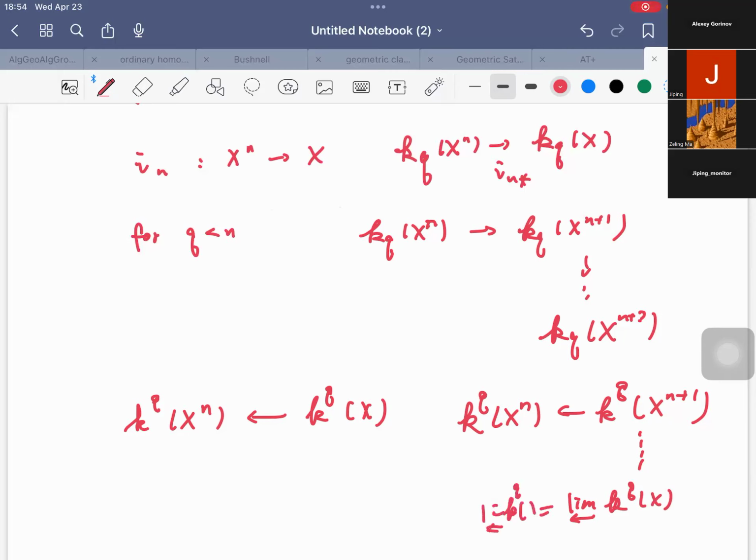Well, by the Mittag-Leffler theorem, lim1 vanishes. Why? Because since the maps stabilize, they satisfy the Mittag-Leffler condition.